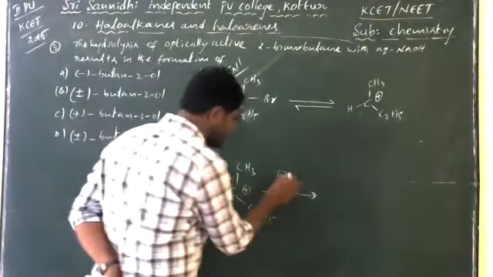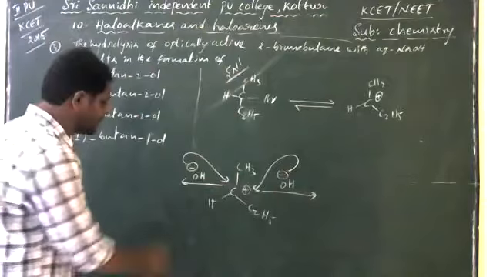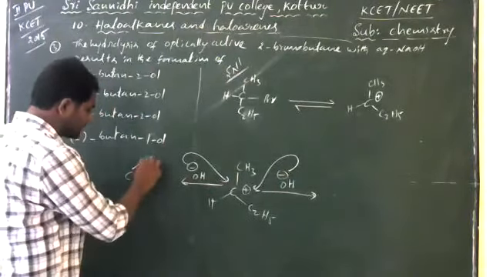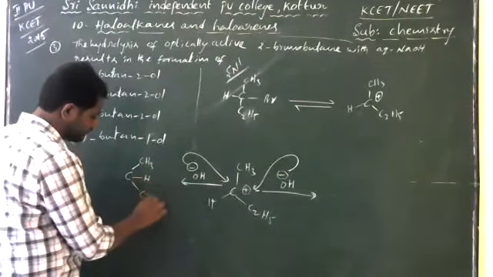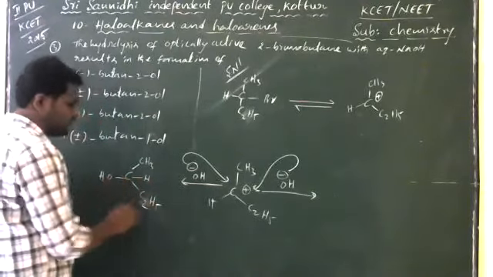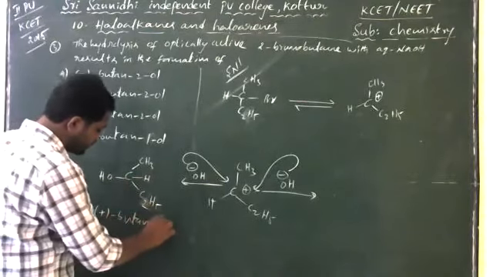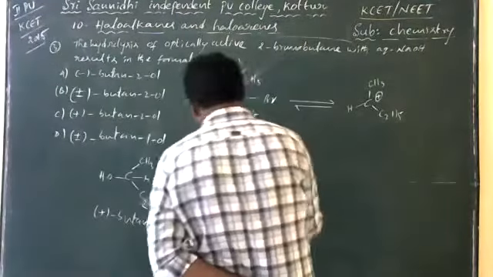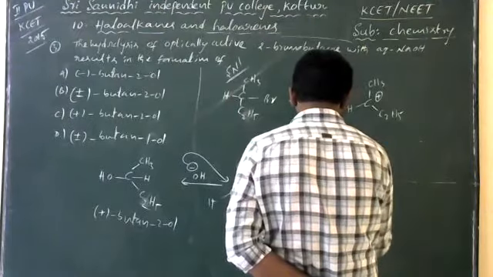When it attacks one side, with CH3, H, and C2H5, an OH group forms, giving plus butane-2-ol. When OH minus attacks the other side, it forms minus butane-2-ol.